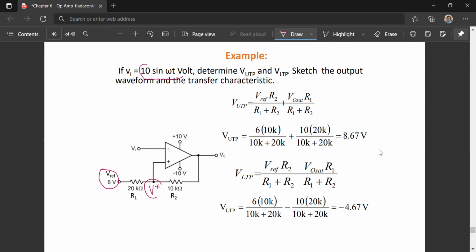V positive will be VUTP and VLTP, because your Vout will be positive 10 or minus 10. Just put a voltage divider equation into the V plus value and you will get VUTP and VLTP. In this circuit, you will get 8.67 volt and minus 4.67 volt.